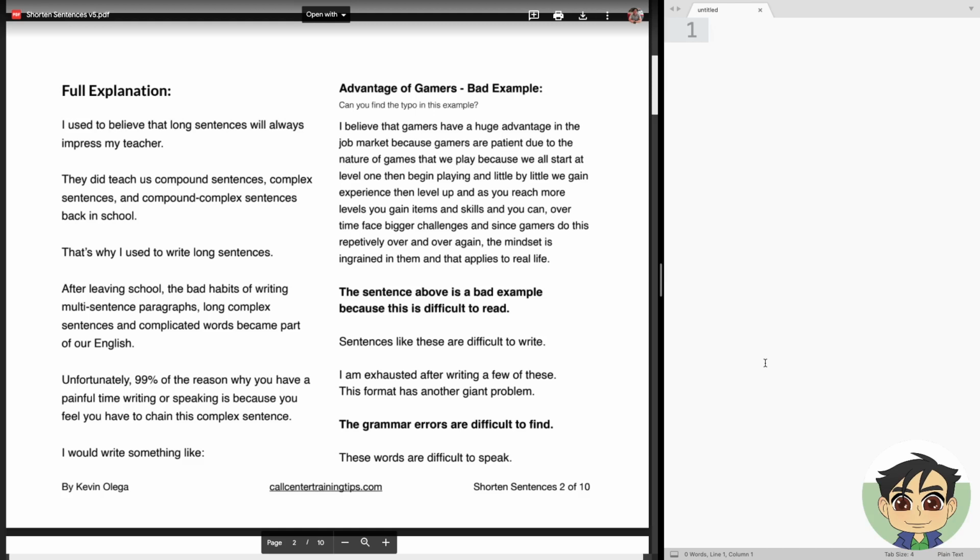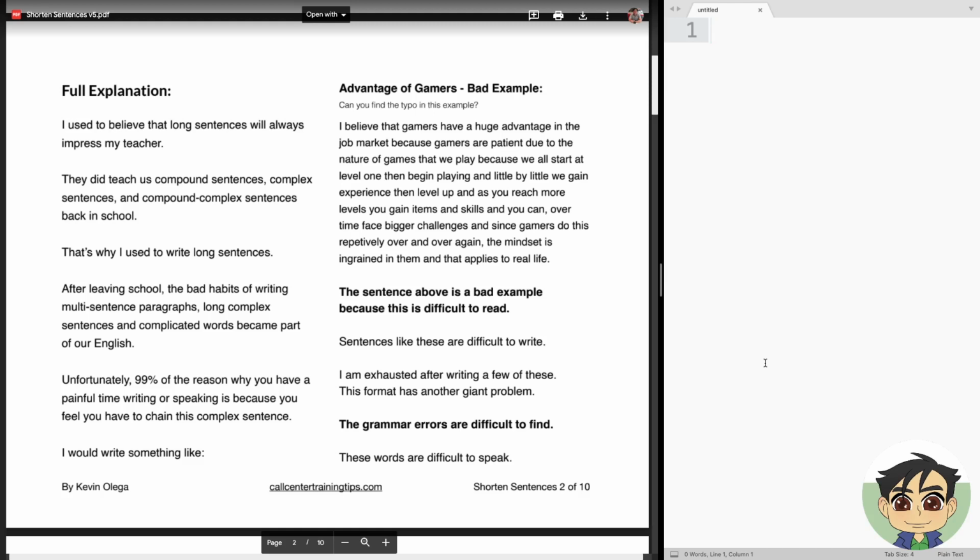So they did teach us compound sentences, complex sentences, and compound complex sentences back in school. So these are the sentences that we were asked to write for a long time. And I believe that we started learning this at around second year or third year high school. And this is the reason why we are used to writing long sentences.